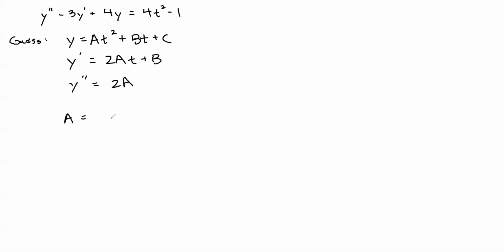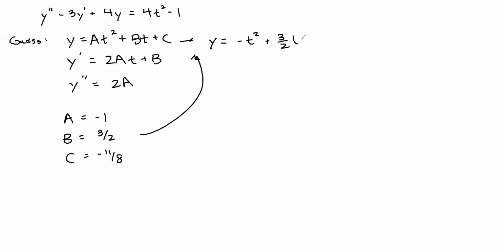But according to my notes, I got A equals -1, B equals 3/2, and then C equals -11/8. All right, so taking those and plugging them in, combining these, we're going to get y equals -t squared plus 3/2 t minus 11/8.